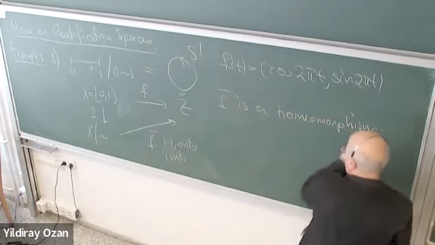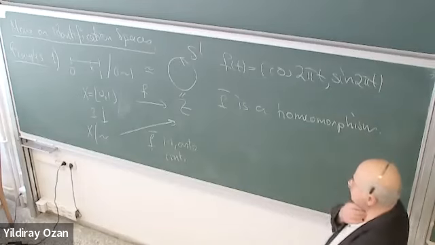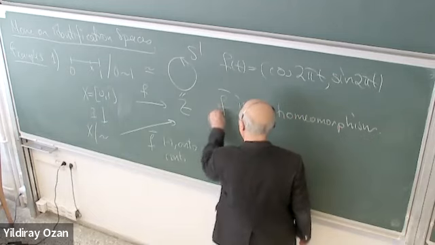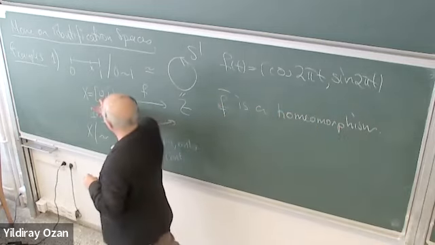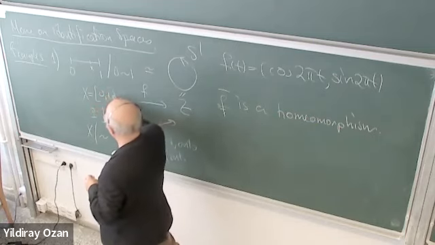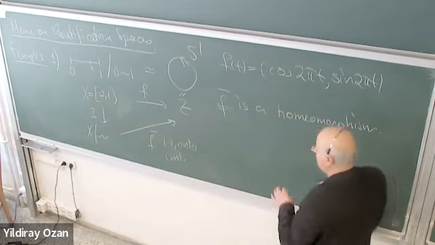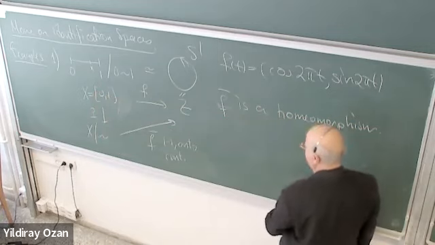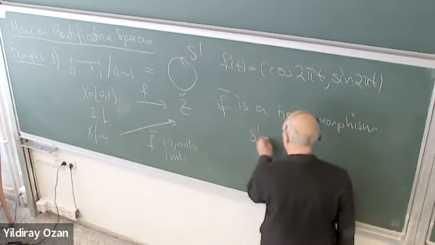You can check that it's a homeomorphism. It's not difficult. So the quotient of this space with this relation is just a circle. Of course, you may regard this quotient space as also follows.